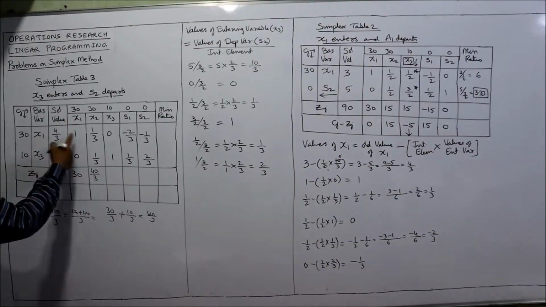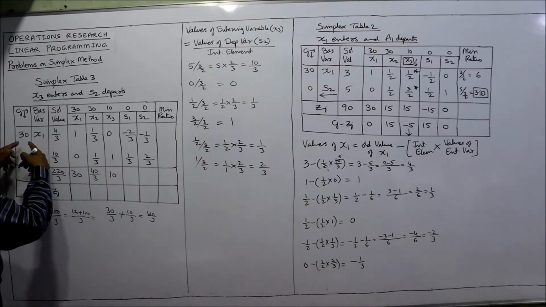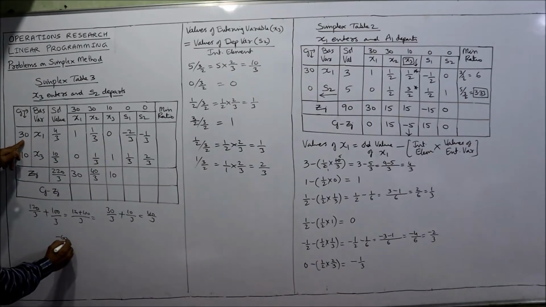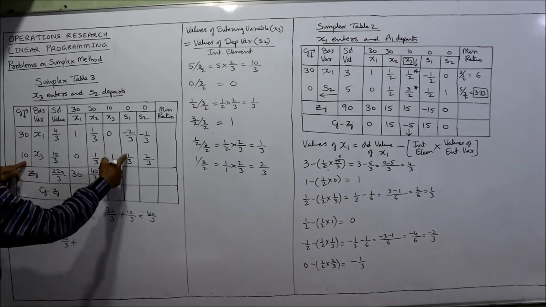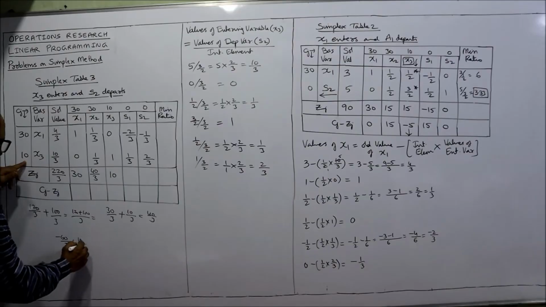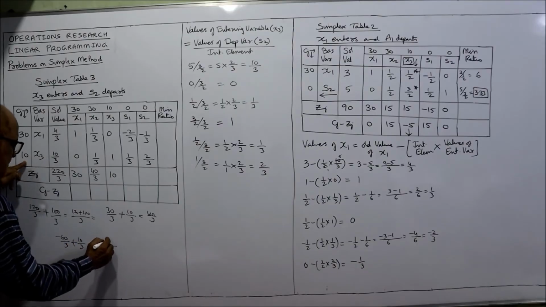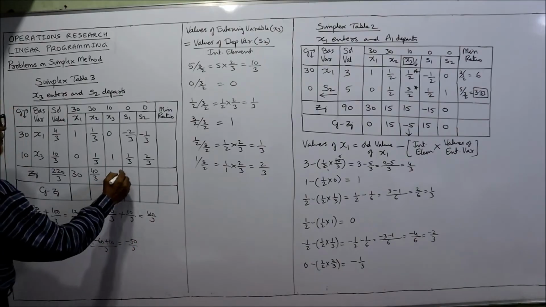Next one is 30 into 0 is 0. 10 into 1 is 10. Then 30 into minus 2 by 3 is minus 60 by 3. Plus 10 into 1 by 3, so 10 by 3. That comes to minus 60 plus 10, so it will become minus 50 by 3.